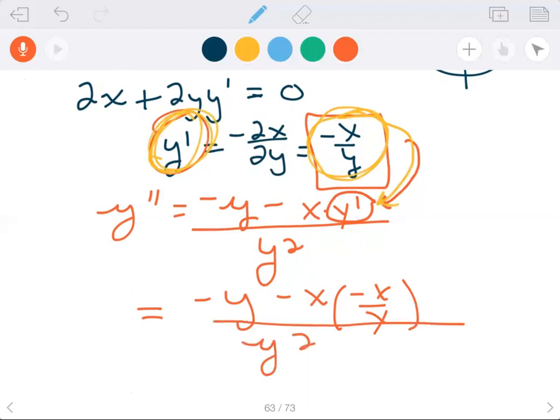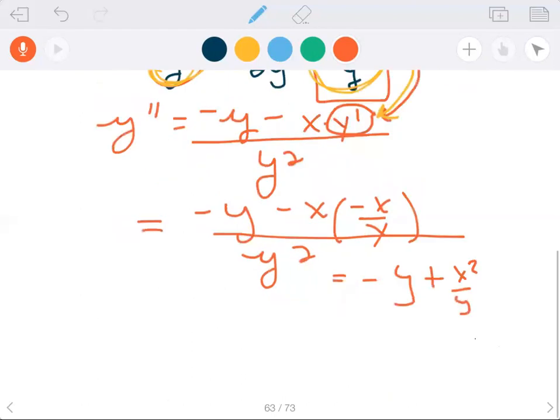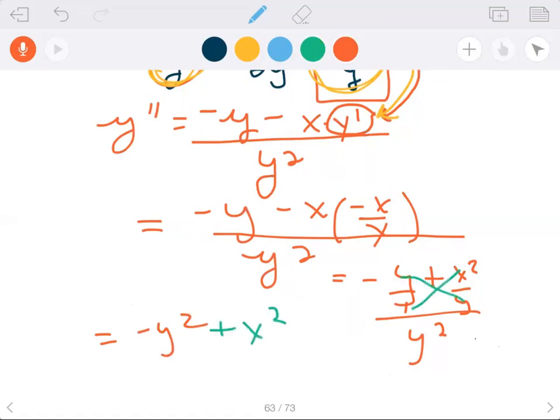So I end up with a negative y plus x squared over y, all over y squared, but we don't leave complex fractions. So when I clean this up, I'll do a little crisscross applesauce or getting a common denominator or whatever you like, but I'm going to have a negative y squared on the criss plus x squared on the cross all over y, and it collapses as a product. So it'd all be over y cubed.